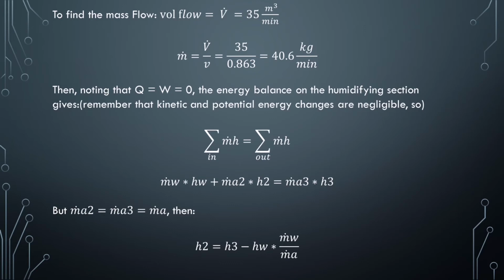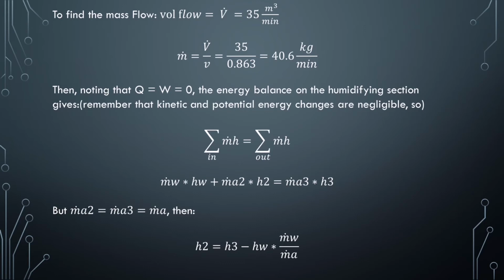Then, noting that heat equals work equals 0, the energy balance on the humidifying section gives. For this, remember that kinetic and potential energy changes are negligible. Remember the condition. The result is an equation in which two summations are equal.